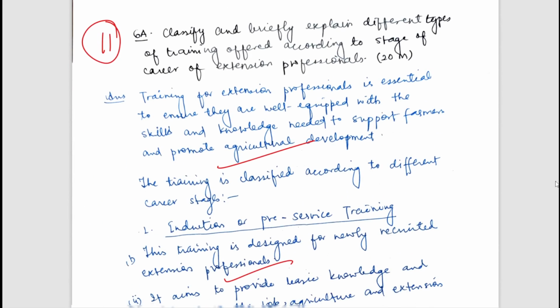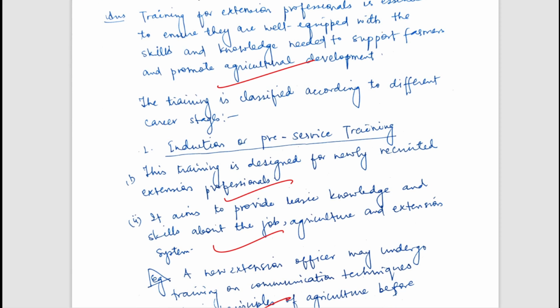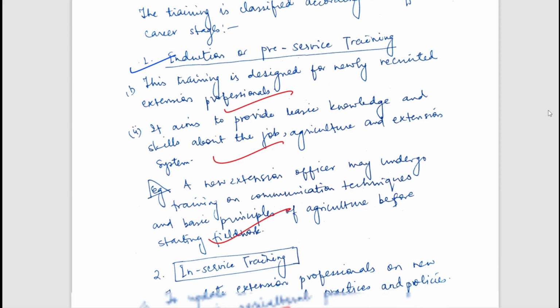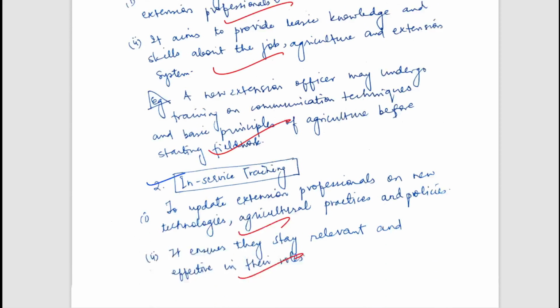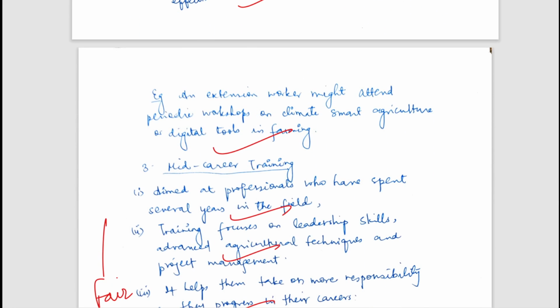The next question is: classify and briefly explain different types of training offered at the stages of career of extension professionals. So what are the various trainings offered to extension professionals? These are induction or pre-service training. In-service trainings are also offered to keep them updated with new technologies and new approaches.